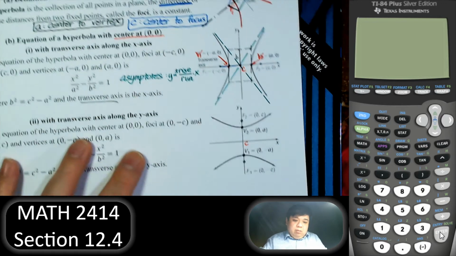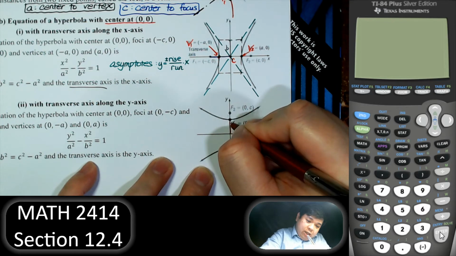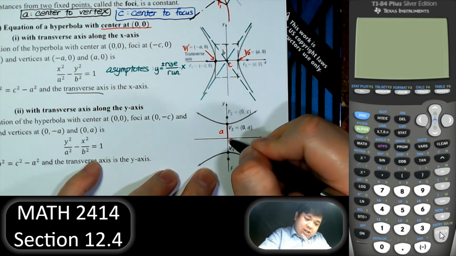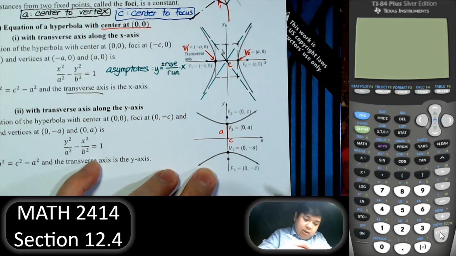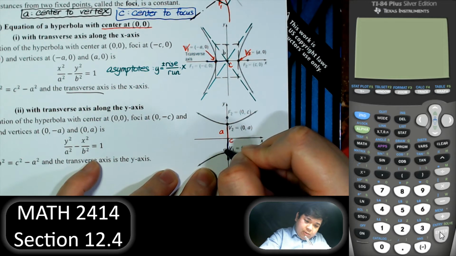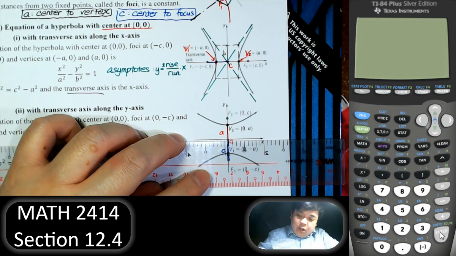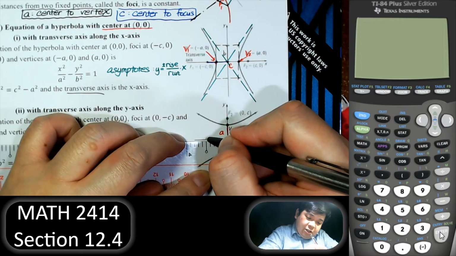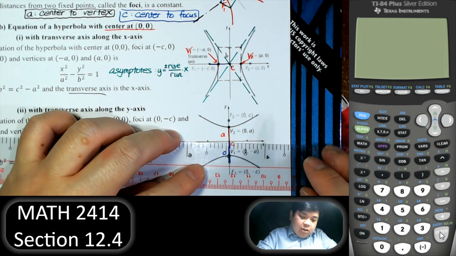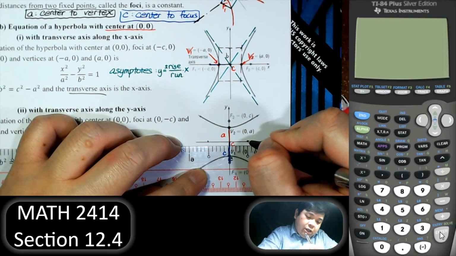Similarly, here we have from the center to the vertex. So this is going to be A, and C is the distance from the center to the focus. And B is going to be the one perpendicular to it. So, let's see, right about here.